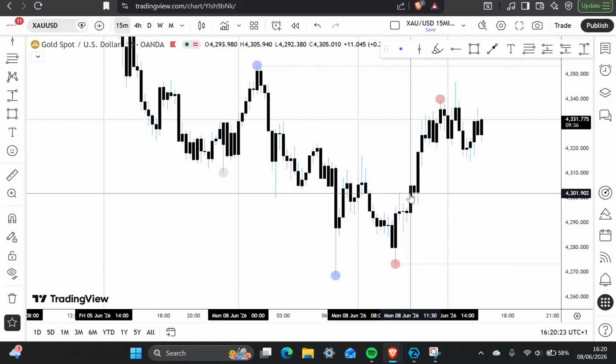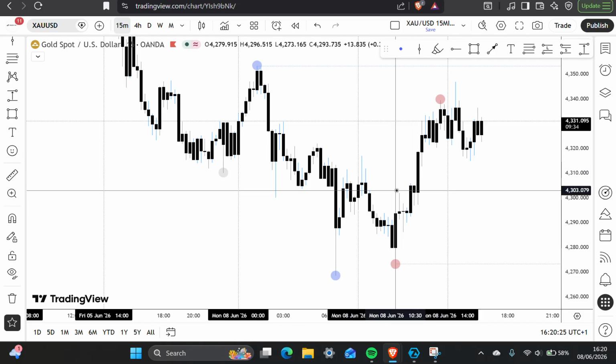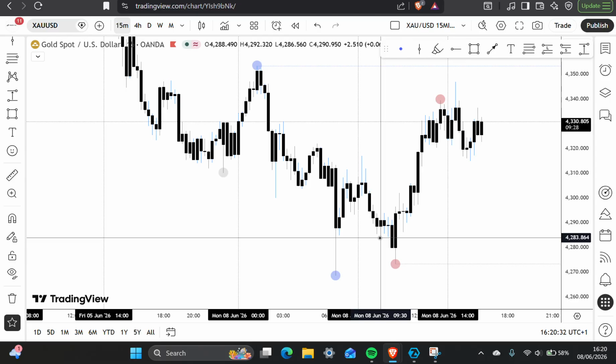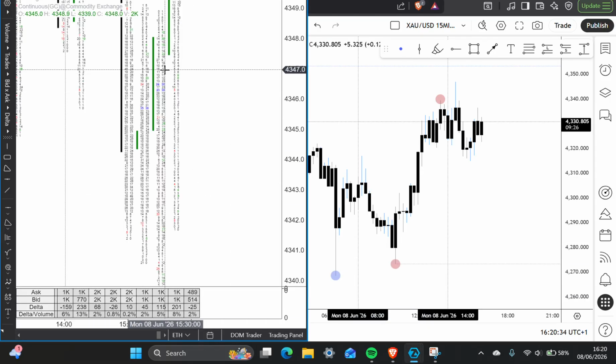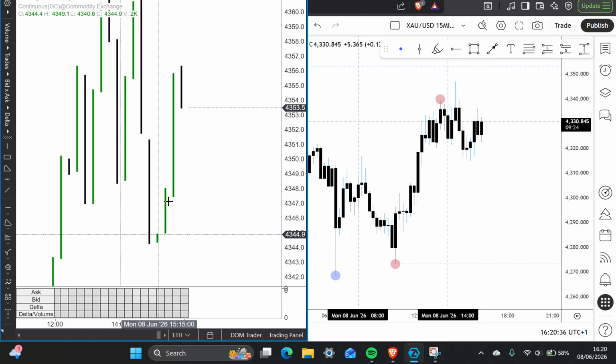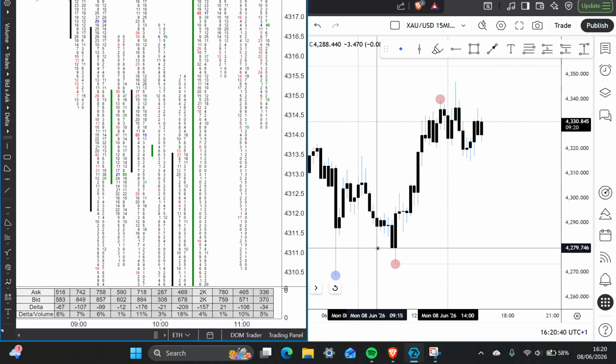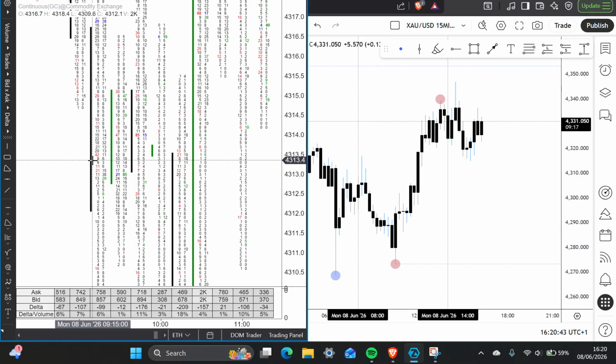So let's have a look at London session. London's first low sits at 9:15, 9:30. Let's open up the Atask platform. Let's zoom into 9:15 and 9:30.